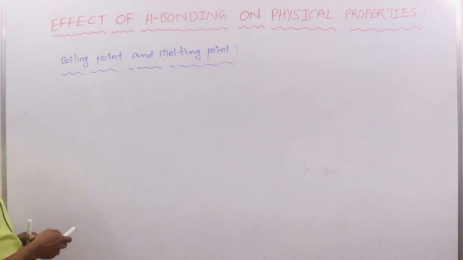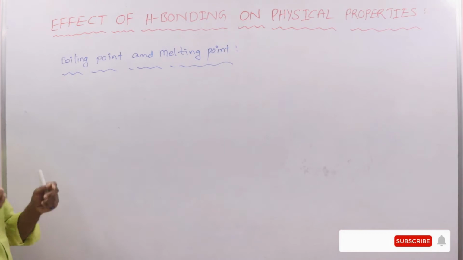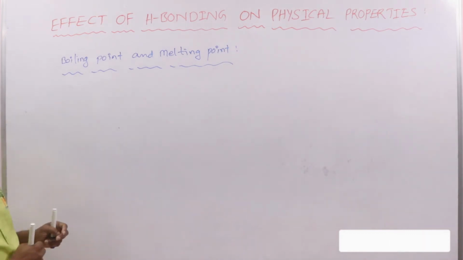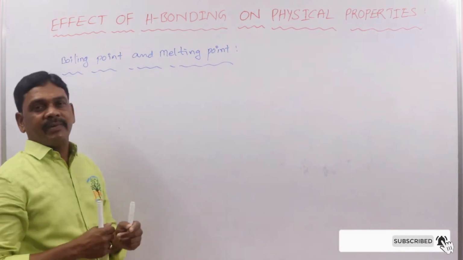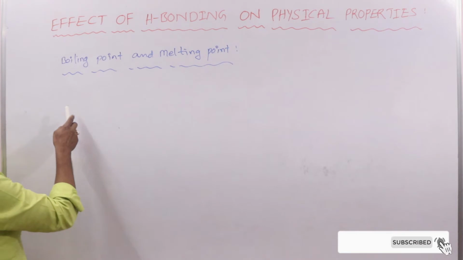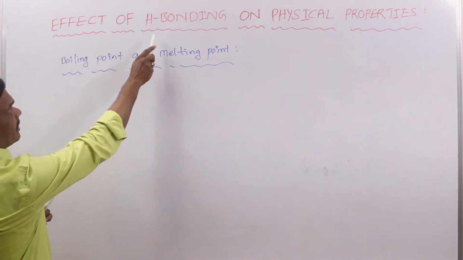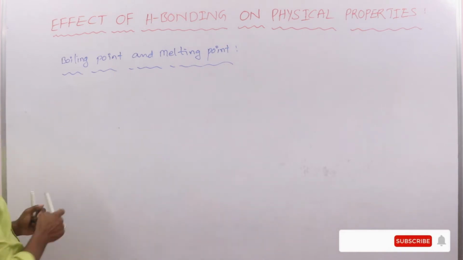So now, in this effect of hydrogen bonding on physical properties, we look at boiling point and melting point.